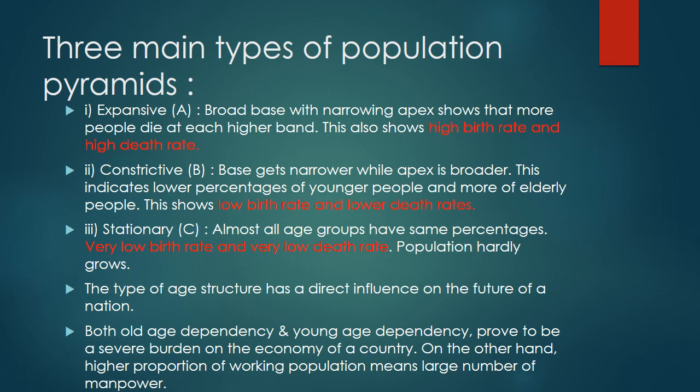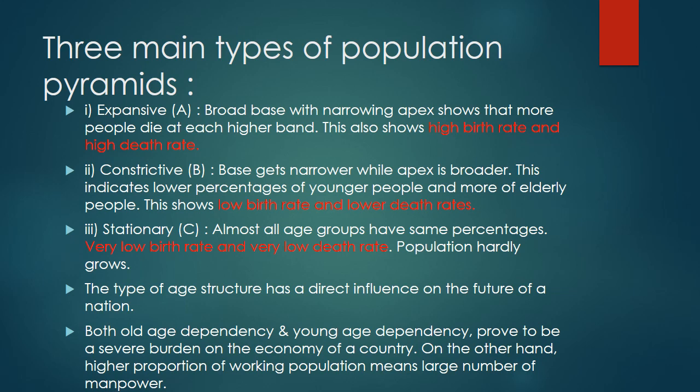So it shows that the birth rate is low and the death rate is also low. Why? Because the apex is very broad. It means that the people aged 60 and above are not dying, they are in large quantity, so it is broader at that particular point.